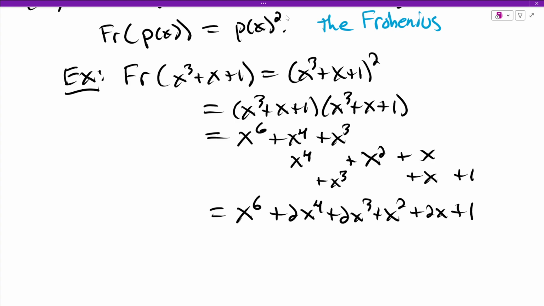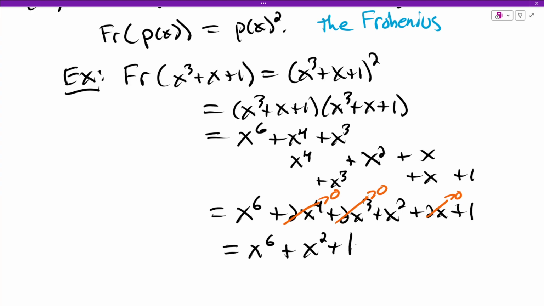And we are in F2. In F2, 2 is 0. So what do we get here? We get x to the 6th plus x squared plus 1.